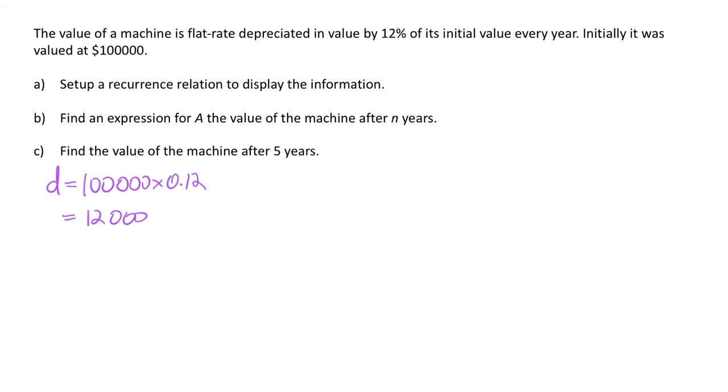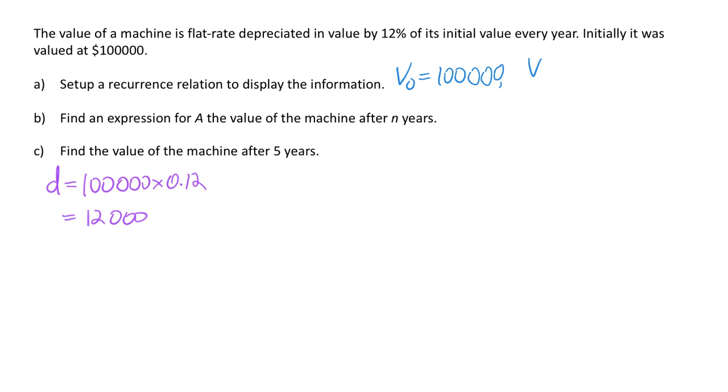So if you do need to calculate the depreciation yourself, it's going to be the flat rate depreciation percent times the original amount. So now that I have that D value, my difference value, I can go ahead and set up my recurrence relation. To set it up, it's going to be my first term, so V0 is equal to 100,000.